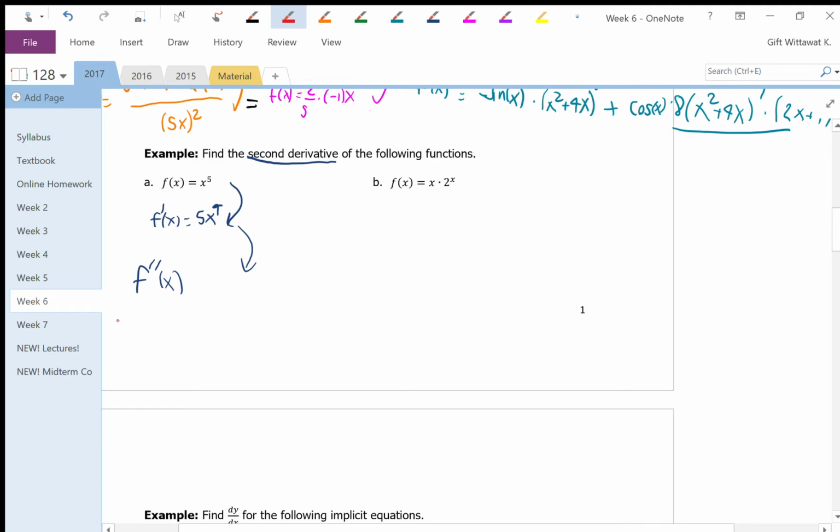The double prime just means I take the derivative twice. And that is just going to equal the derivative of 5x to the 4th. So that's going to be 20x to the 3rd.